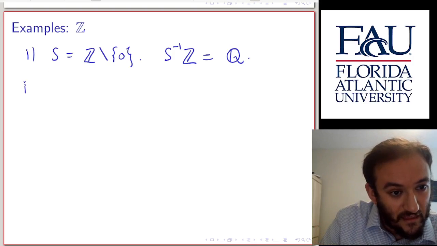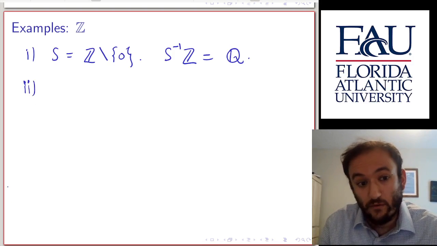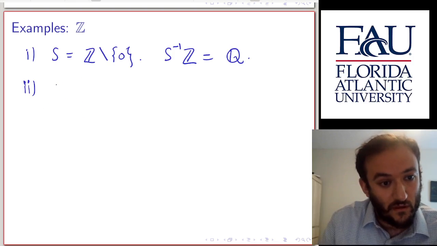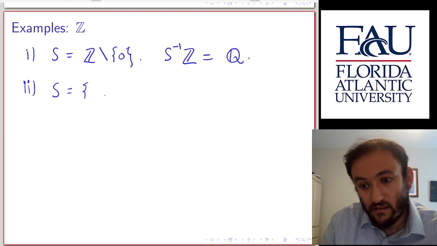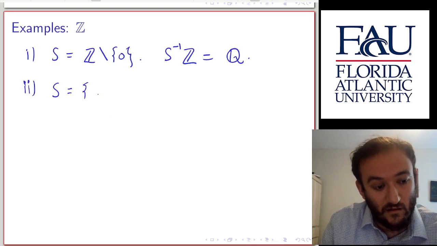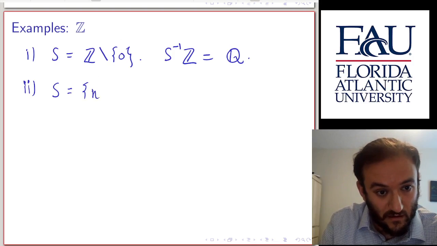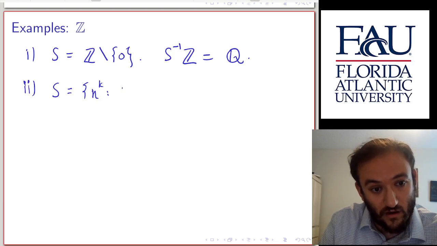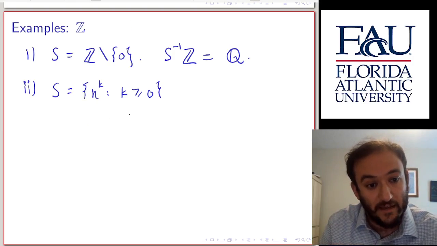But this is not the only multiplicatively closed subset that you can take in the ring of integers. Another one you could take is basically the set of powers of any integer. Okay, so let's say it's n to the k, where k is greater than or equal to 0. Okay, you include the 0 there to make sure that 1 is in your multiplicatively closed subset.